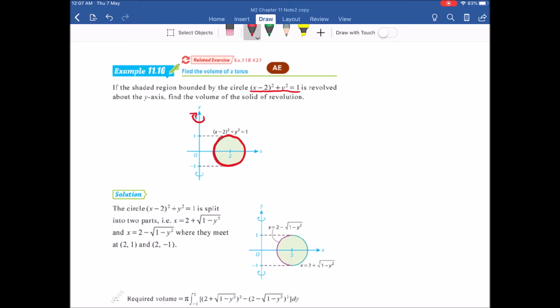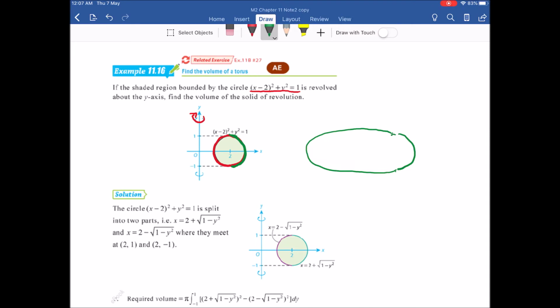So what you're going to do is find this part. I click green, the green one. You rotate it about the y-axis, and then you get this shape.